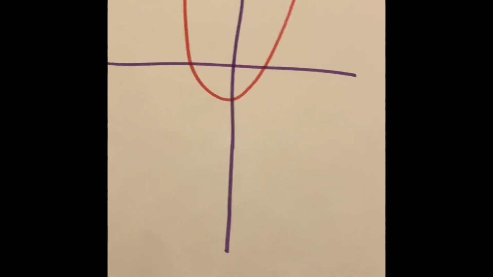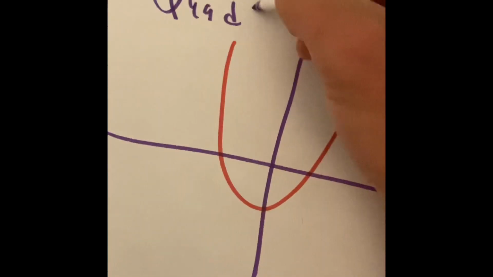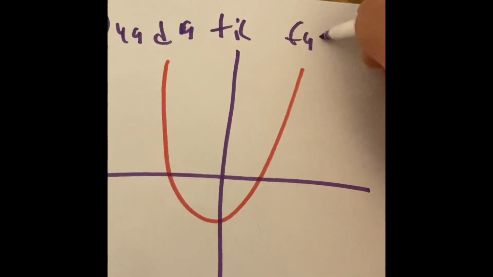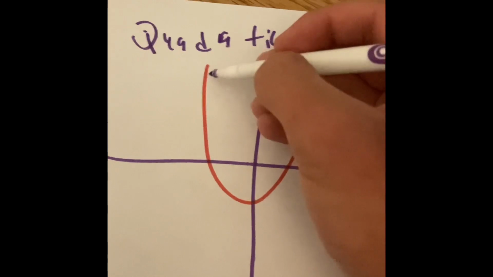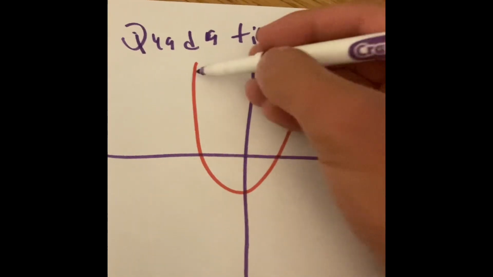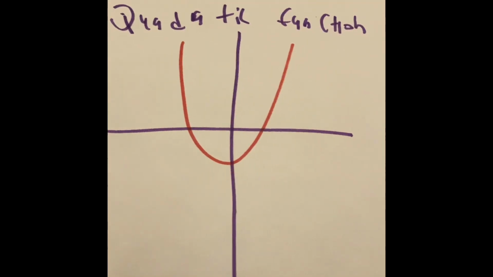And yes, this is called a quadratic function, and it's in the shape of a parabola. A parabola is a curved shape on a graph that looks just like this.